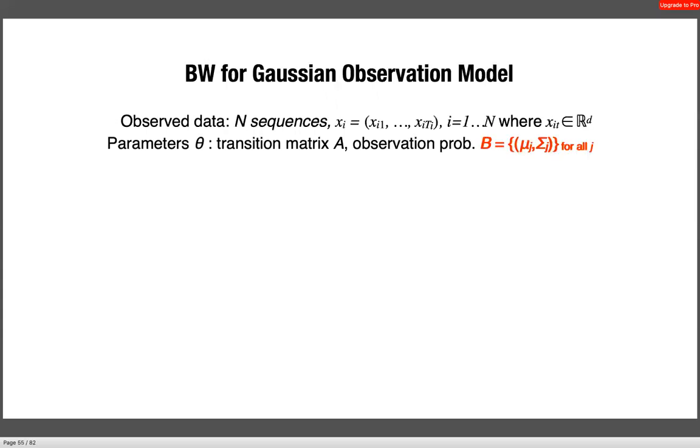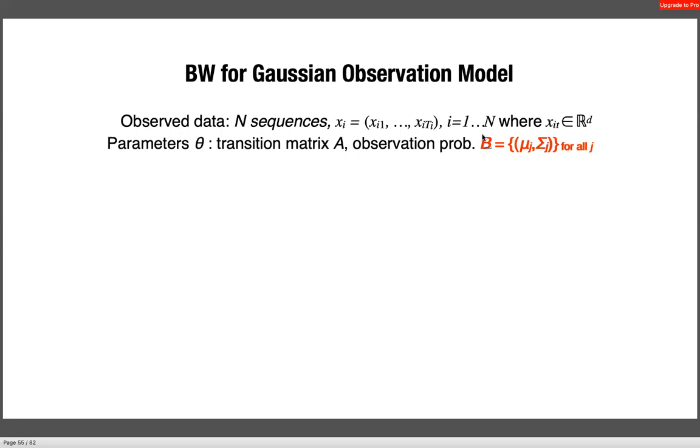All right. So now, what would Baum-Welch look like if I have Gaussian observations? What are now the parameters of my HMMs? The transition matrix stays the same. I have these transition probabilities going from one state to the other, but my observation probabilities are no longer this big matrix B, where I can enumerate all the symbols from my vocabulary, which was the case when I was dealing with discrete outputs.